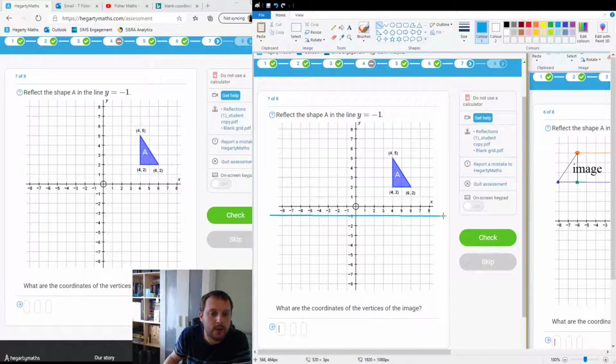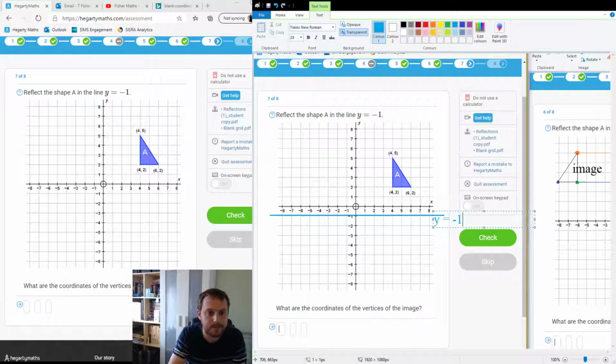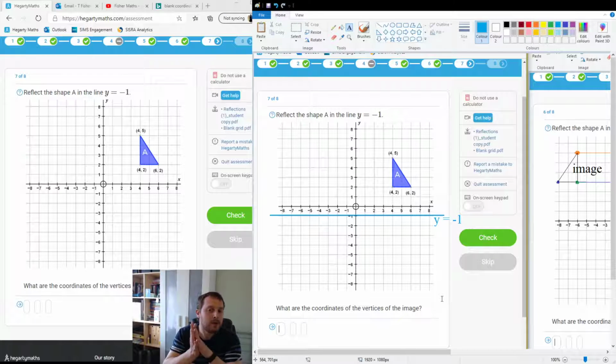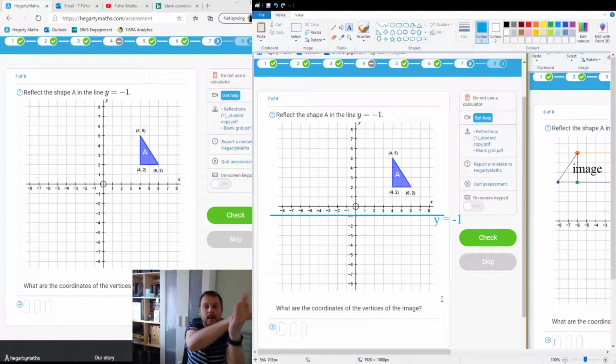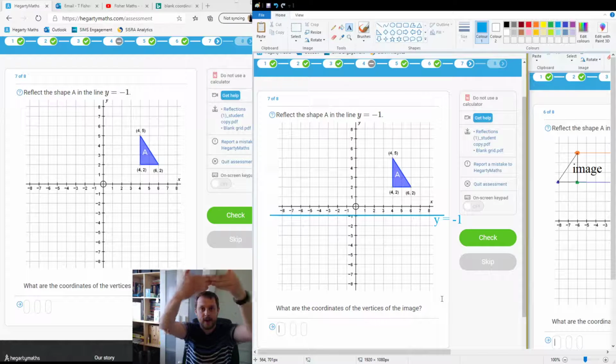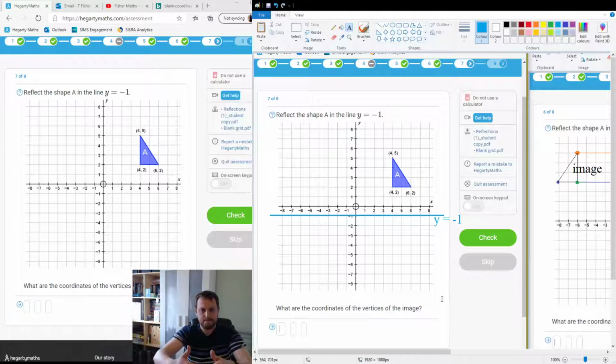So if you have a look back through the previous videos or through your notes, you should be able to identify that that is this line here. That's our mirror line. And that's going to be where this shape is flipped. Now, instead of getting flipped like that, it's going to be flipped like that. So let's see where the coordinates end up.